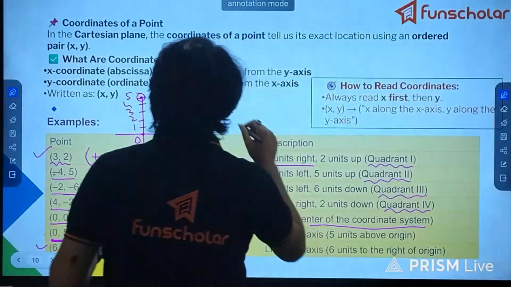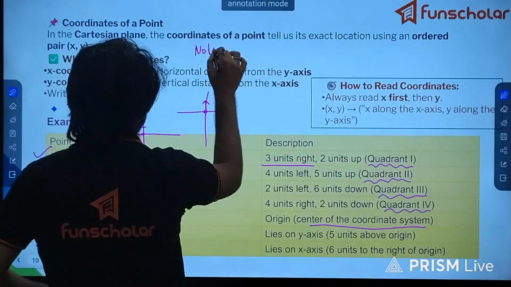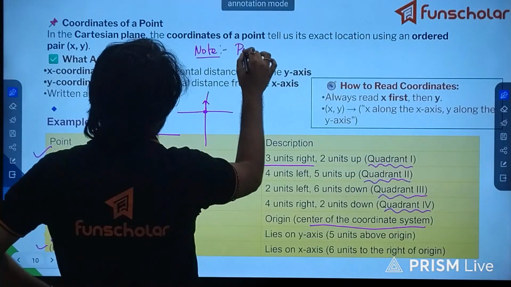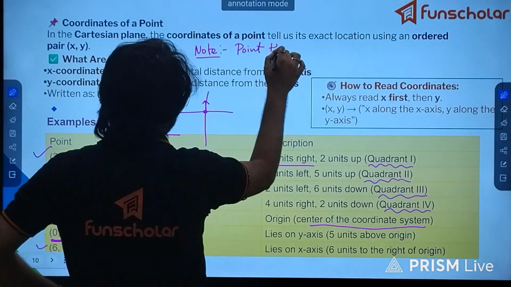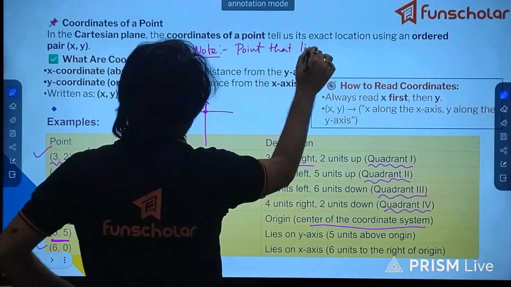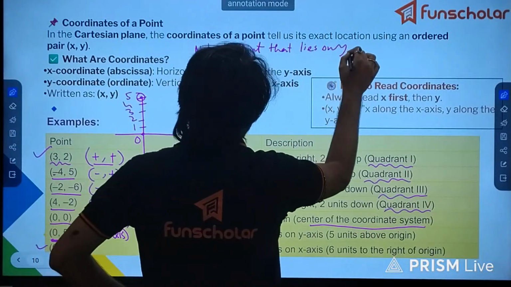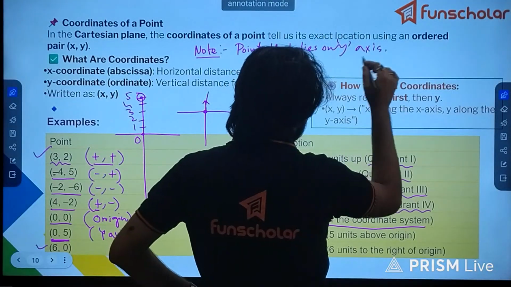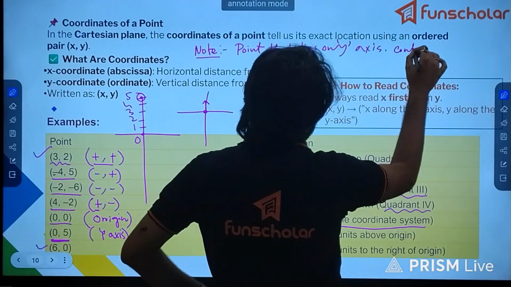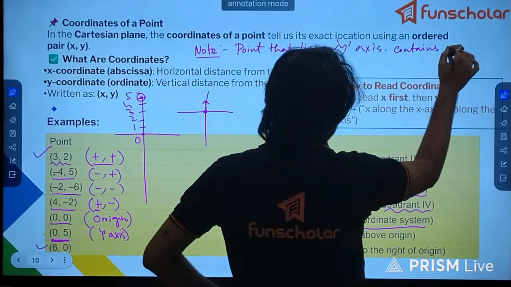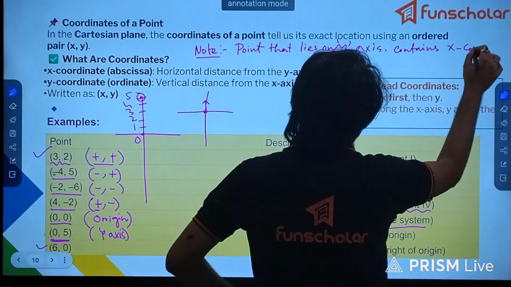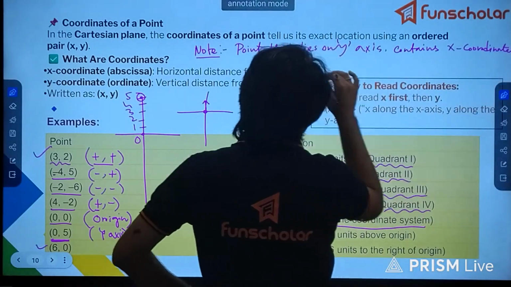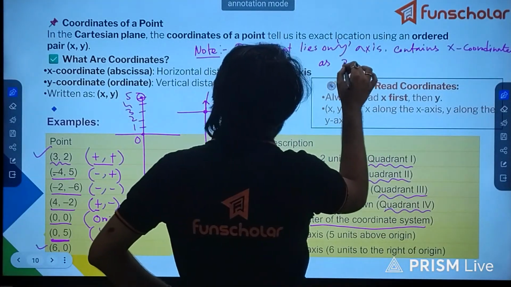So just note a point. A point that lies on the y-axis contains the x coordinate as 0.